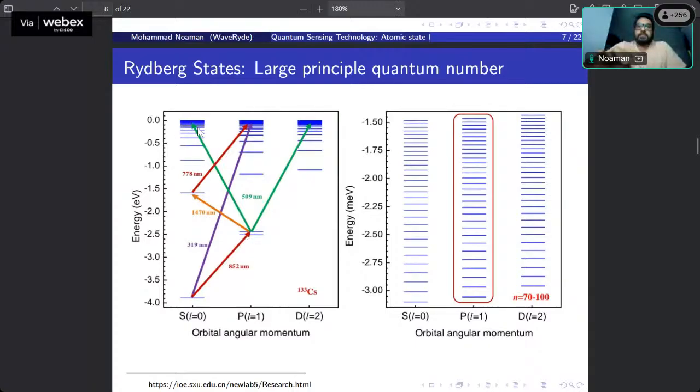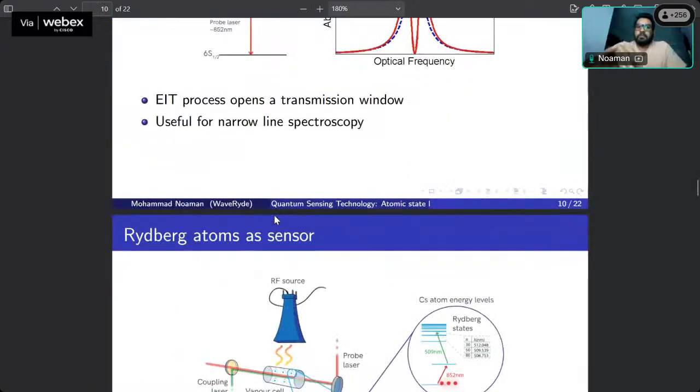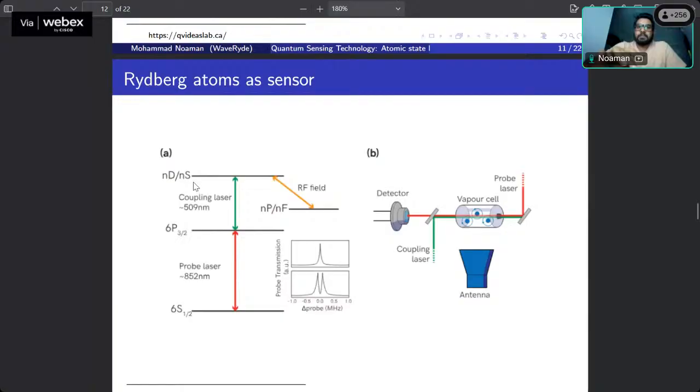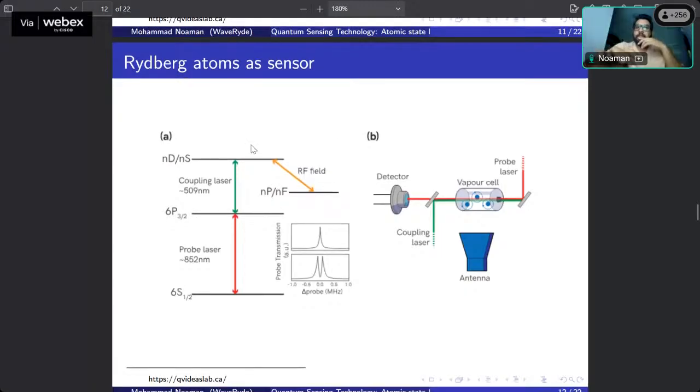So this side is all the S states, and this side all the D states. So that's what this ND, NS basically means. So this is the basics of the quantum sensing, or RF sensing, with the Rydberg atoms.